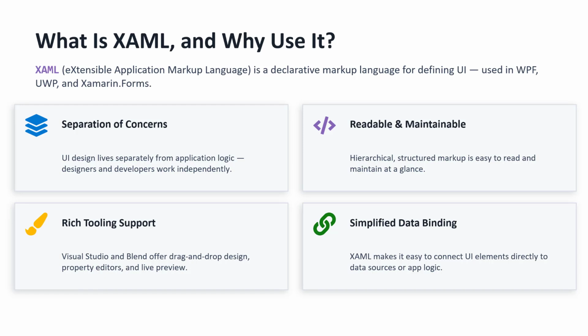Then we get simplified data binding. XAML makes it straightforward to connect our UI elements directly to a data source or a piece of application logic, often with minimal code, which allows you to load in things like lists or drop-down boxes or populate things very easily.